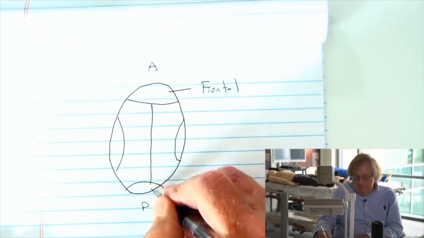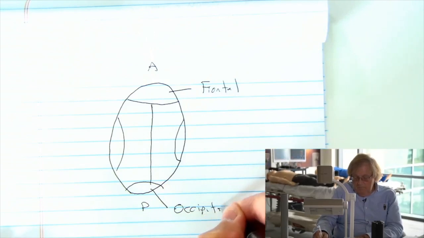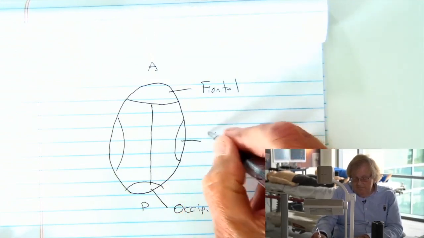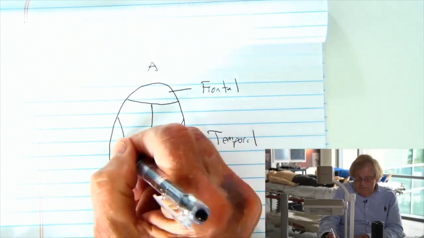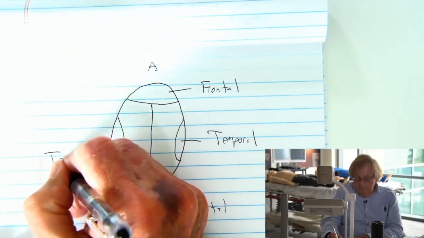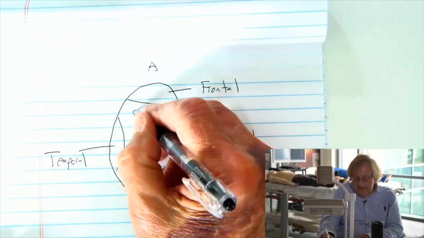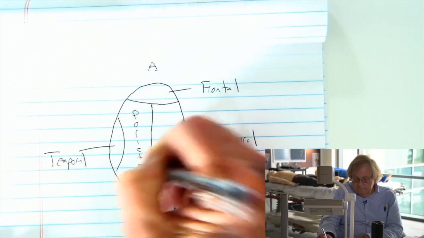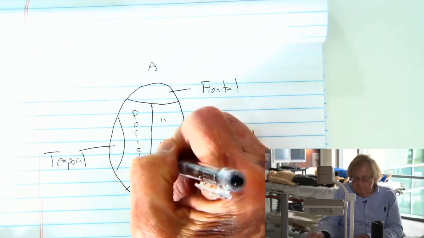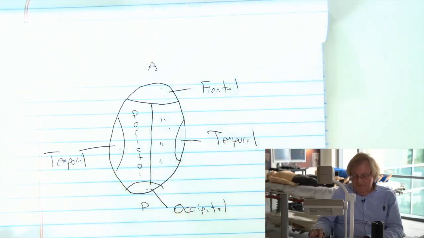That's your occipital. That's your temporal. That's also your temporal. And these are your 2 parietals. So therefore 1, 2, 3, 4, 5, 6 bones.